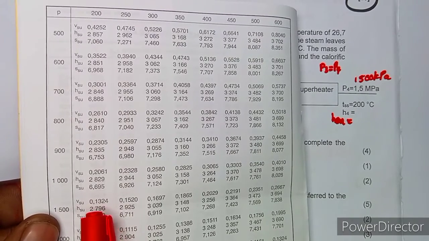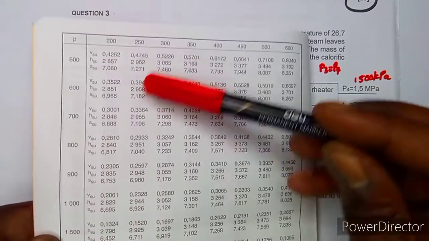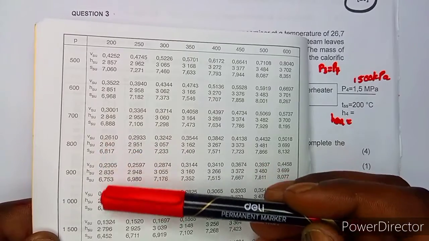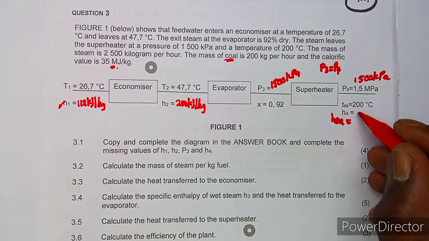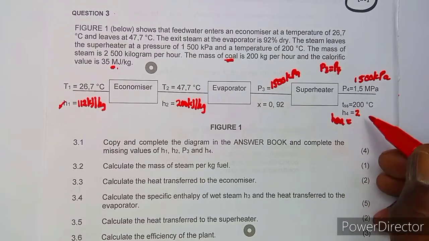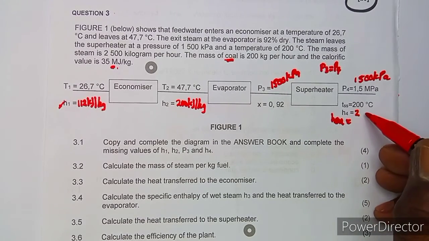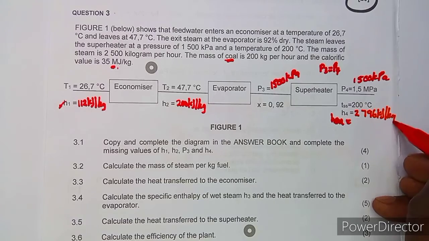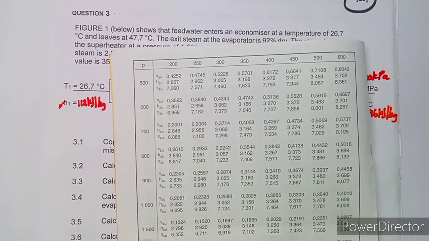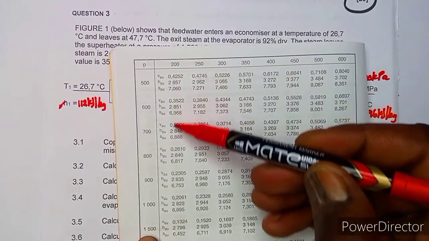That's your superheated steam at 1500 versus 200. So that's your H4, which is 2796 kilojoule per kg. Also take note, guys, they must work together.